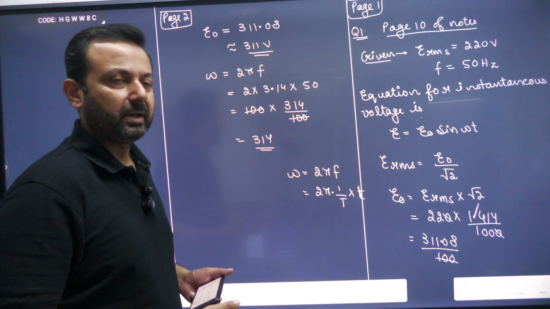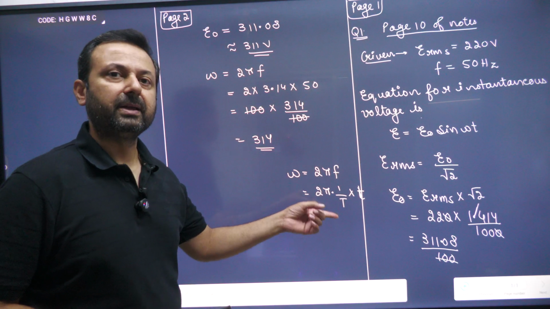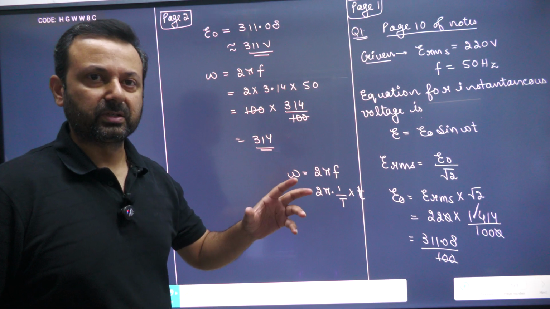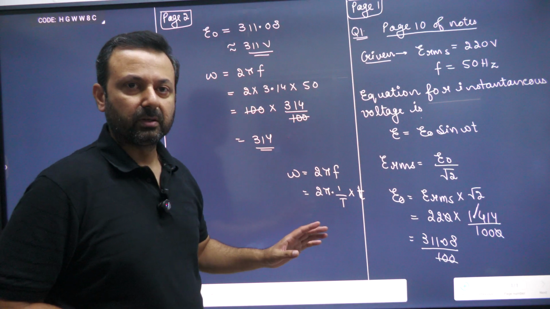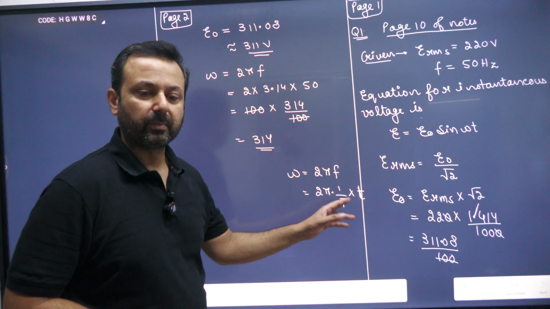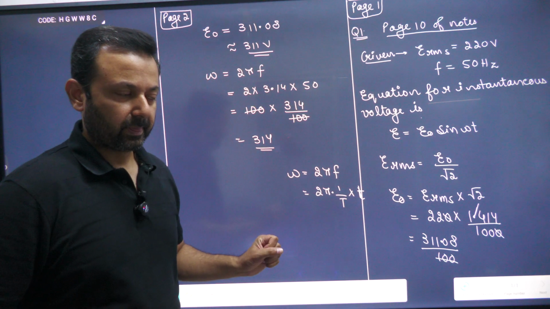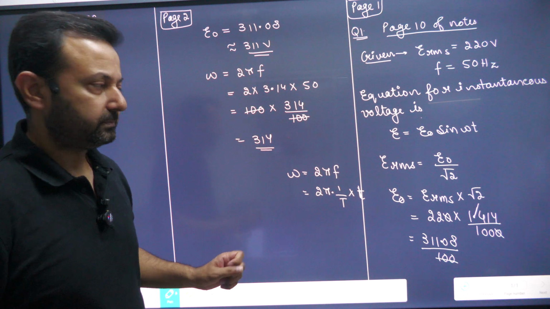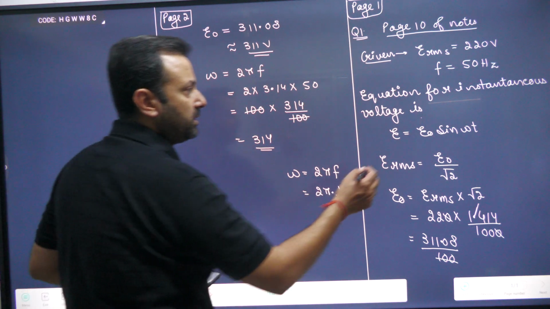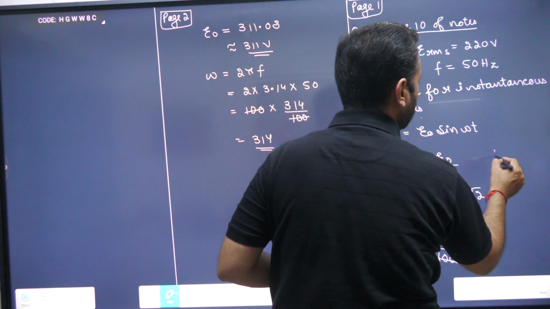This is called time taken, and this capital T is time period. Time period is a fixed, constant value, and small t is a variable. So we cannot cancel small t by capital T. Understand? So small t is not equal to 1 upon f.